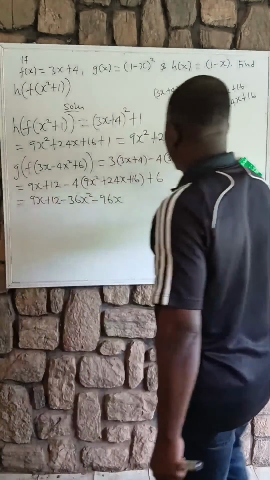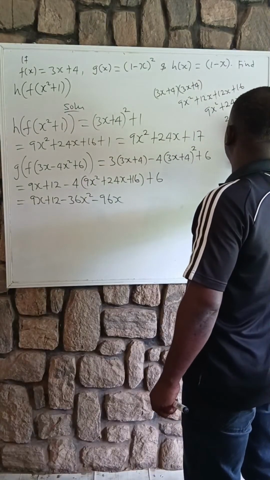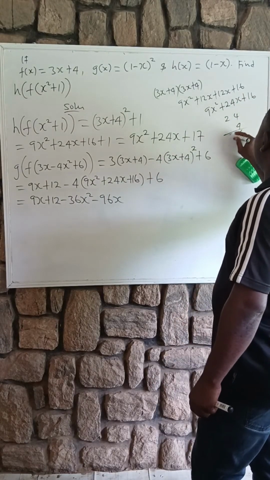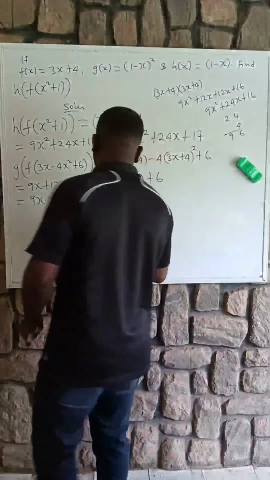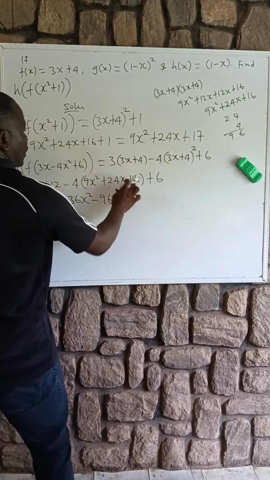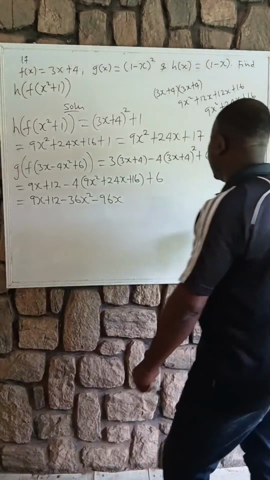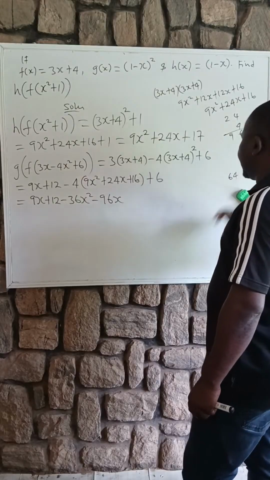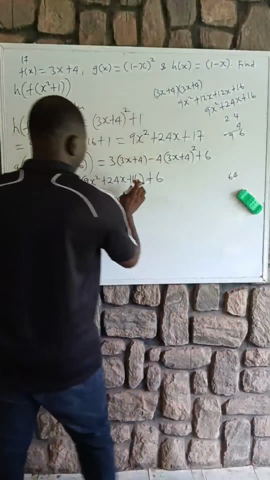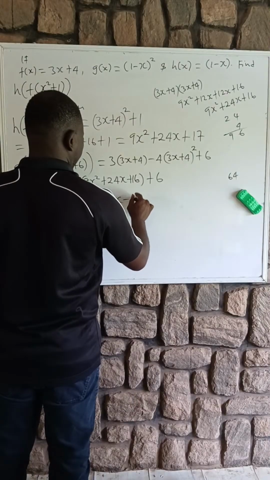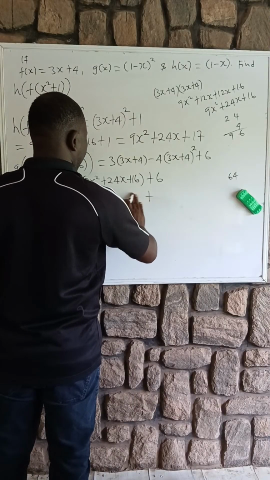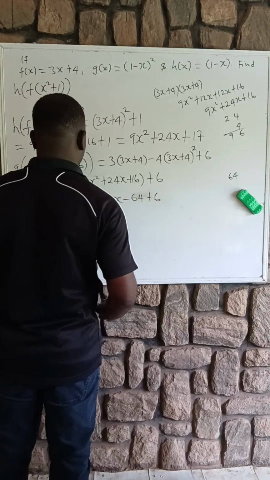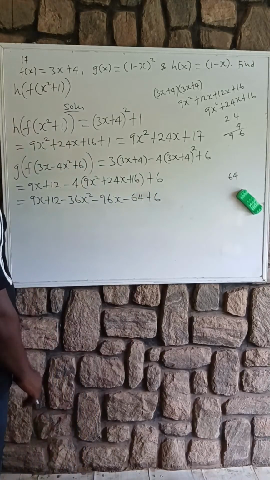Am I right? 24 times 4, carry 1, 8, 9. Yeah, right. Then 16 times 4 is 64, right? So here is minus 64. Minus 64 plus 6. Do you agree with me?